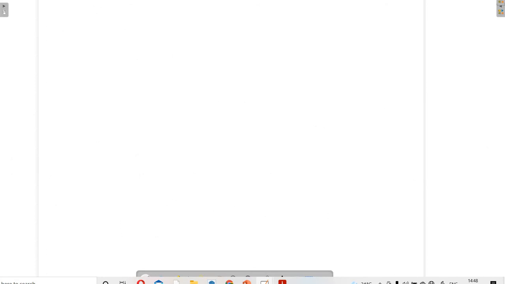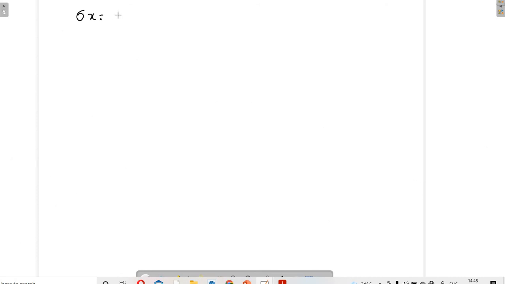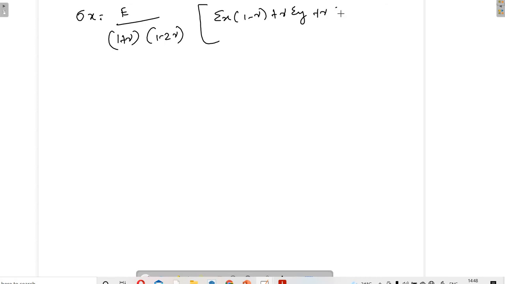Sigma x is equal to E divided by 1 plus nu, 1 minus 2 nu, into epsilon x times 1 minus nu plus nu epsilon y plus nu epsilon z.